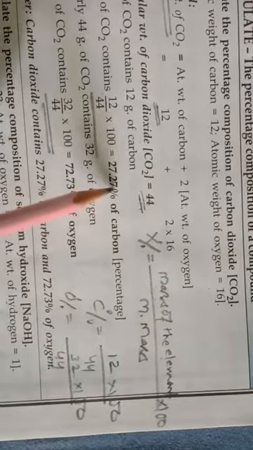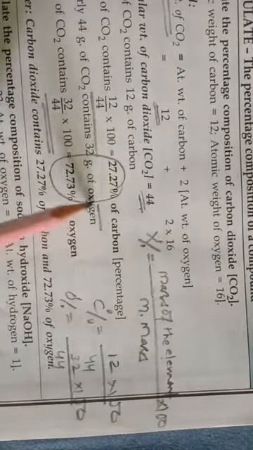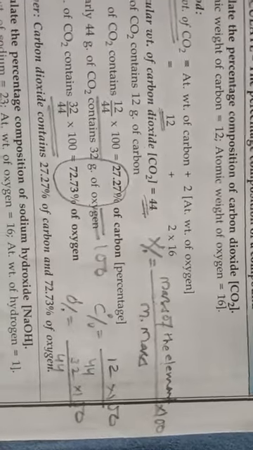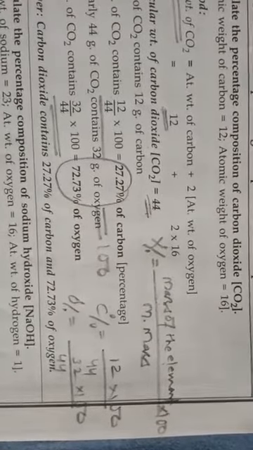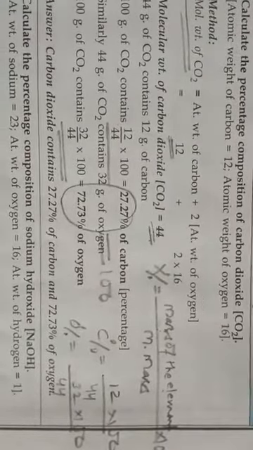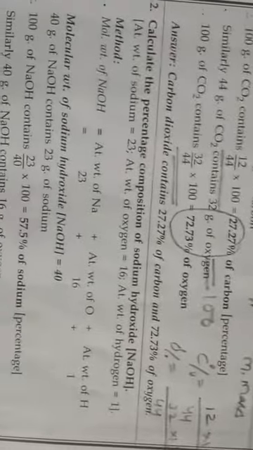When you add these percentage compositions, you will get a total of 100 or about 100. Okay children, so this is the percentage composition of a particular compound or chemical substance. In this way you can calculate.